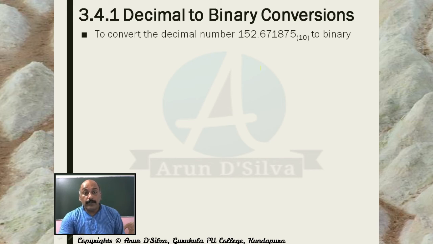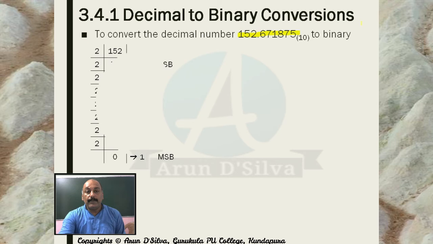So here you see 152.671875. You have to convert it into binary. How do you do it? Simple method. You take 152 separately and the fraction part separately, and work on each accordingly.